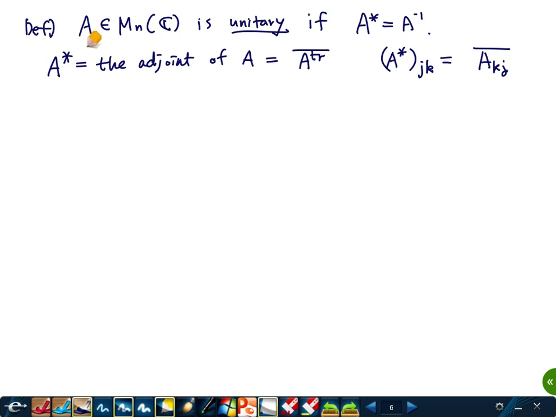And a matrix is called unitary if the adjoint is equal to the inverse, so it has to be invertible. Okay. So the definition: U(n) is the group of n by n unitary matrices.